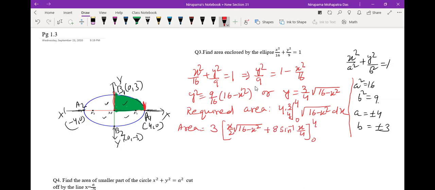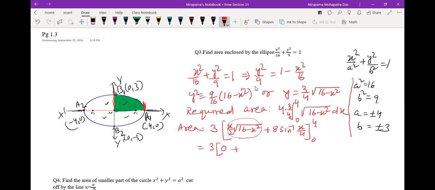Now if you calculate this, 3 times x by 2, that is 4 by 2, upper limit minus lower limit, under root 16 minus 4 square. It will be 0 at x equal to 4, and at x equal to 0 this is also 0. So the value at the upper limit minus the lower limit is 0.